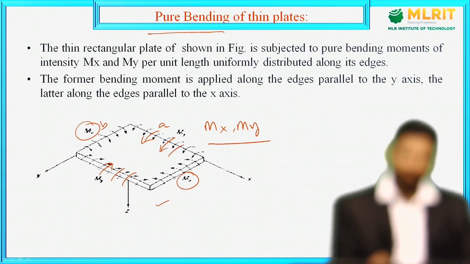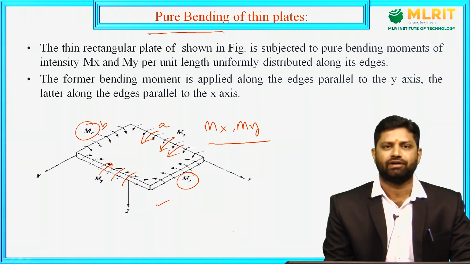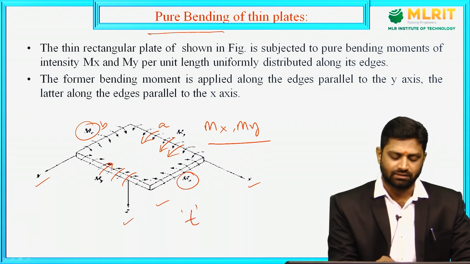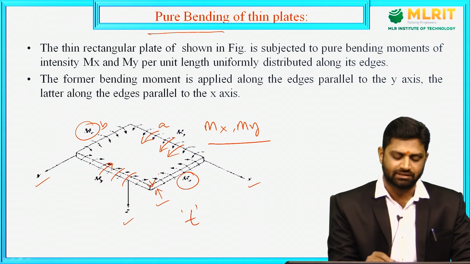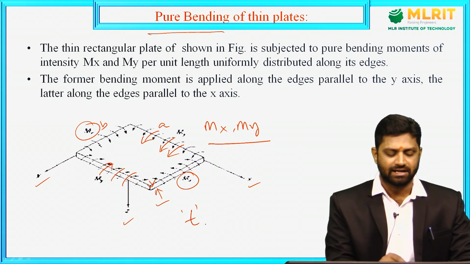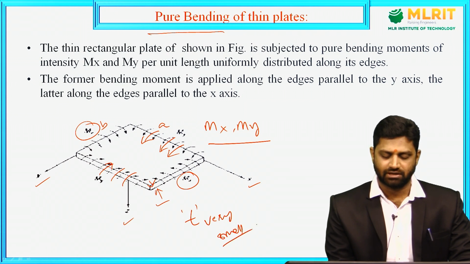So when these moments act simultaneously, we need to see the effect of these moments. You can see the thin plate, and the x-axis, y-axis and z-axis system, and in which we consider the thickness. This is nothing but the thickness of the plate. When you compare the lateral dimensions A, B, the thickness is very small. That's why we consider this kind of plate as a thin plate.